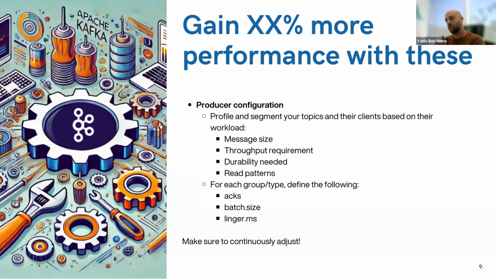And then once you have those results and the profile of each and every single topic and its related client, you would be able to define dedicated acks, batch size and linger.ms parameters or values for each of those categories and groups.